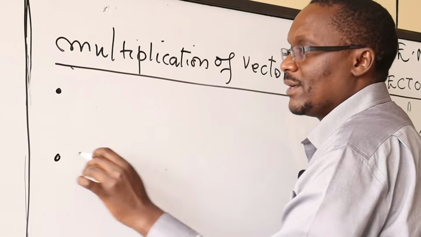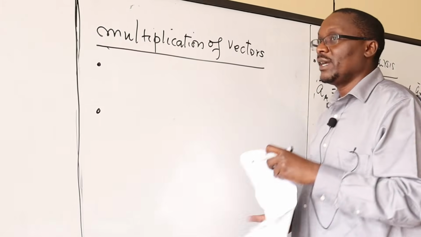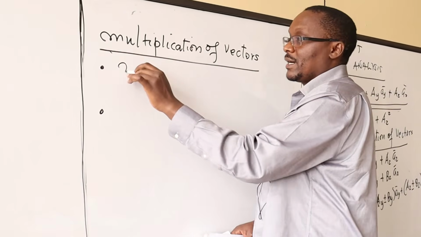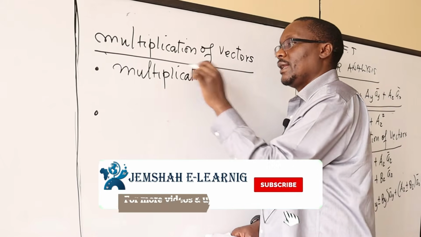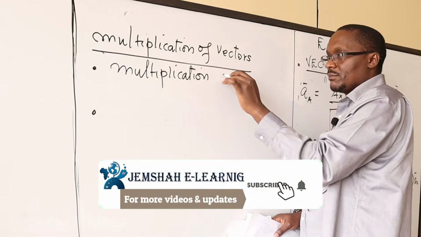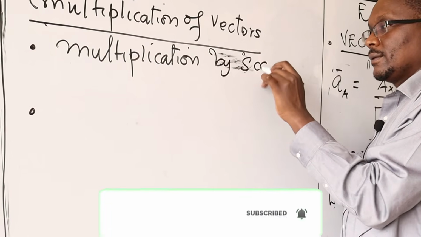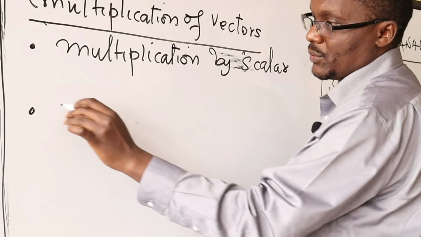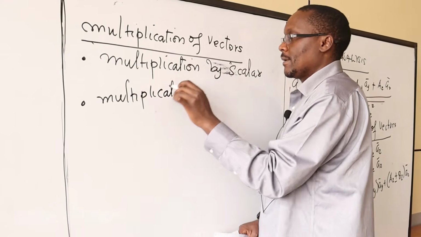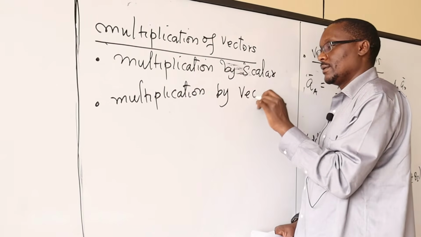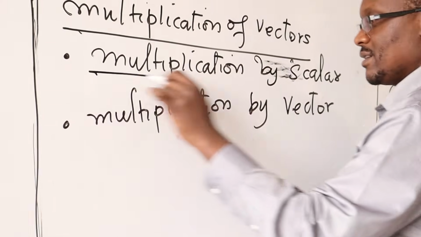One, multiplication by a scalar. Remember we said a scalar has no direction. Two, multiplication by a vector.